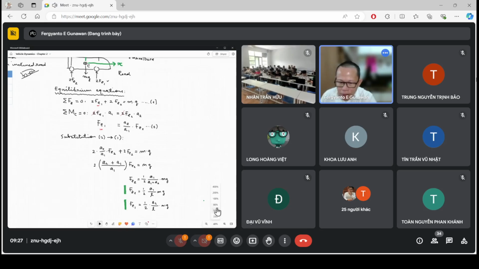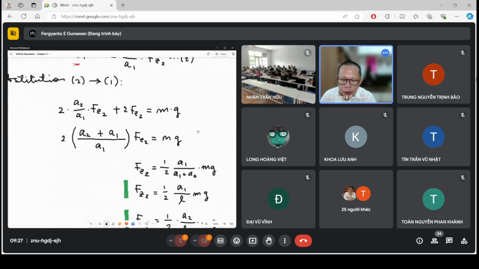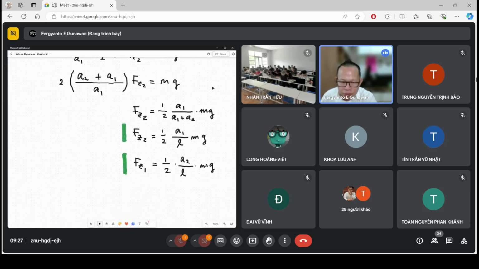These two forces we call normal forces. We call those things normal forces on the front and rear of the wheel.